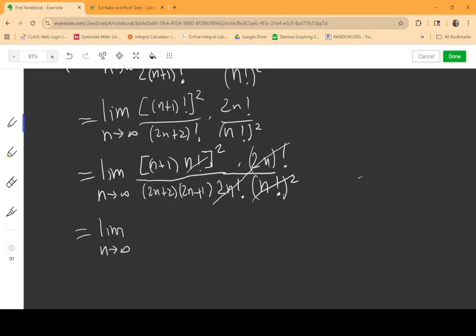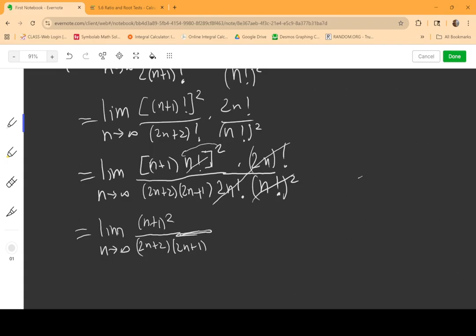So it's (n plus 1) squared. And in our denominator, we get (2n plus 2) and (2n plus 1).